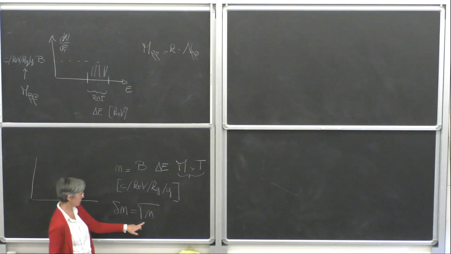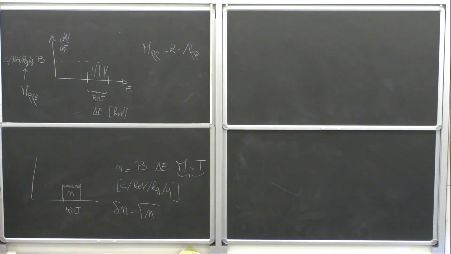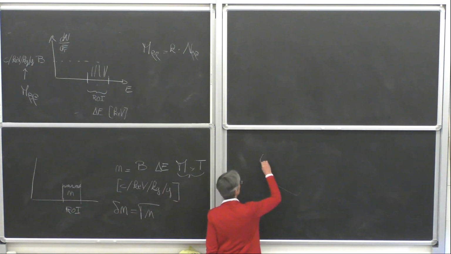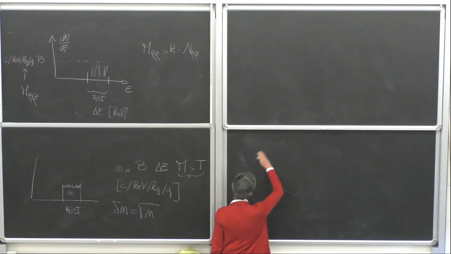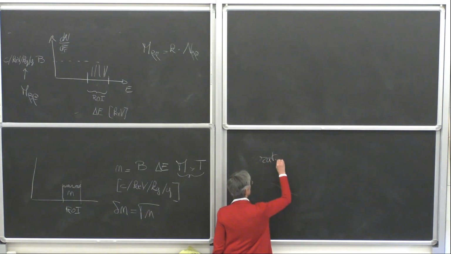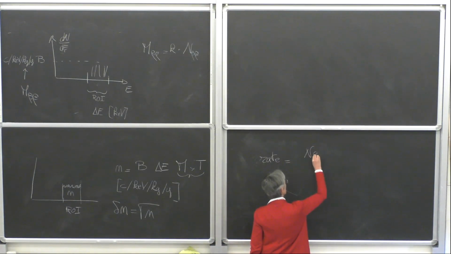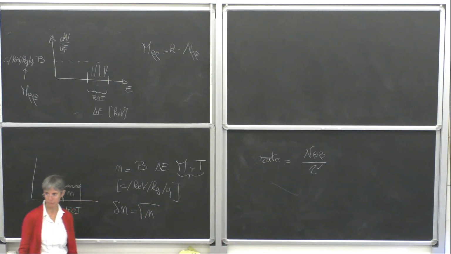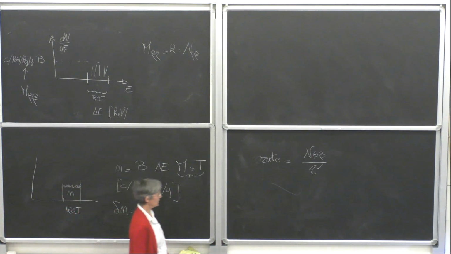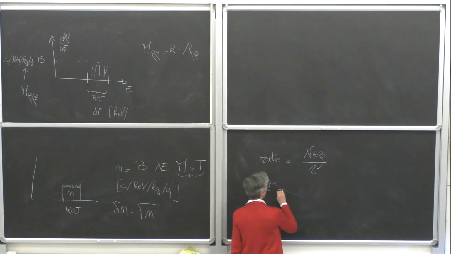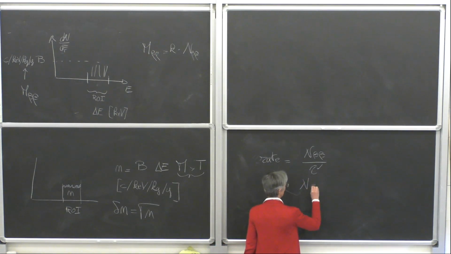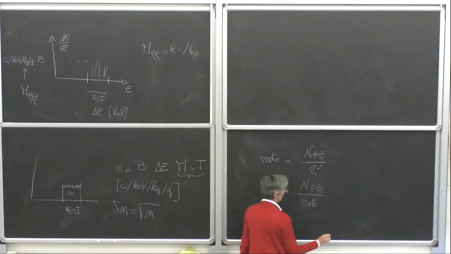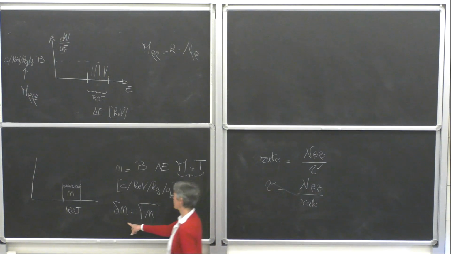So, in any case, let's consider the case in which I have a reasonable number of counts here. This is the fluctuation. And then you just have to remember that the rate of a source is the number of candidates divided by the live time. So we can take tau as the number of candidates divided by the rate. And then I can evaluate the rate that corresponds to my statistical fluctuation.